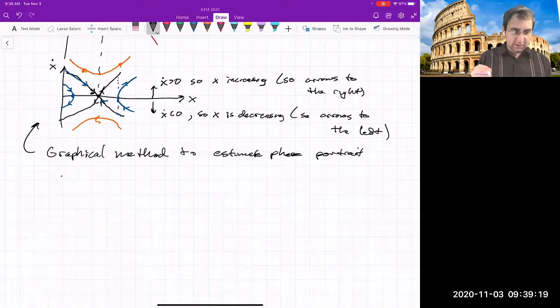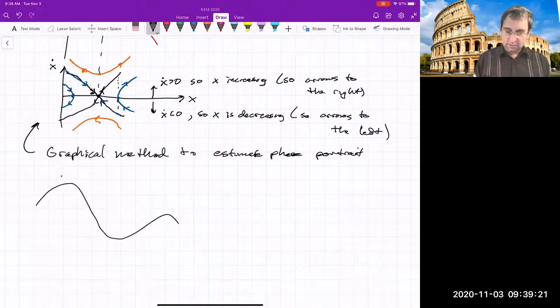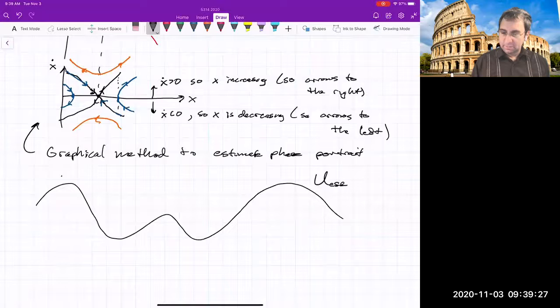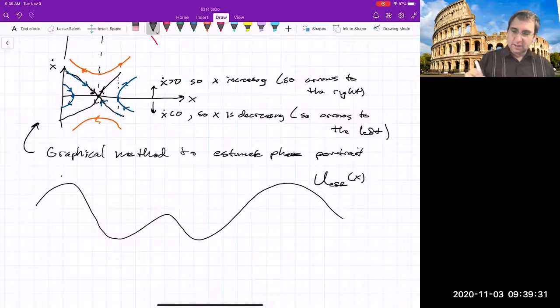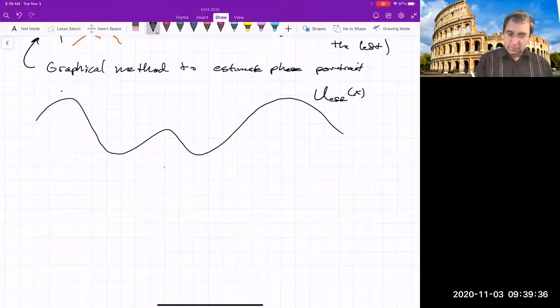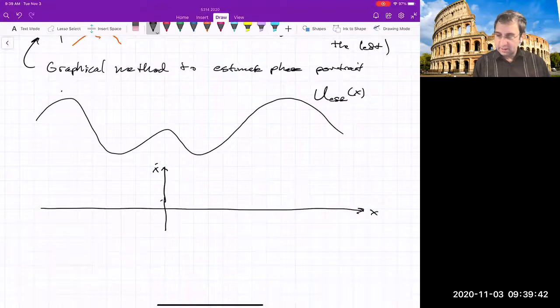So what if I just sketch something like that, and I say, well, this is my either potential energy or effective potential energy. You could sketch below what this is. So let's call this x dot, and this x.